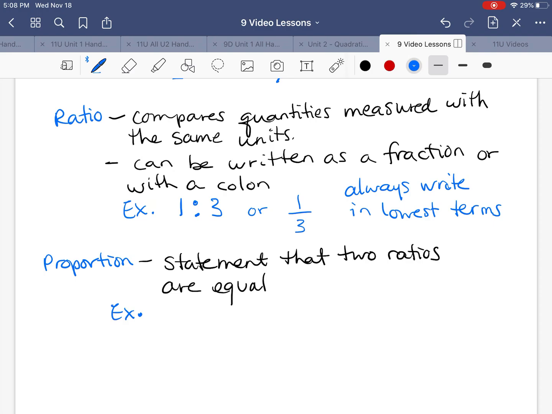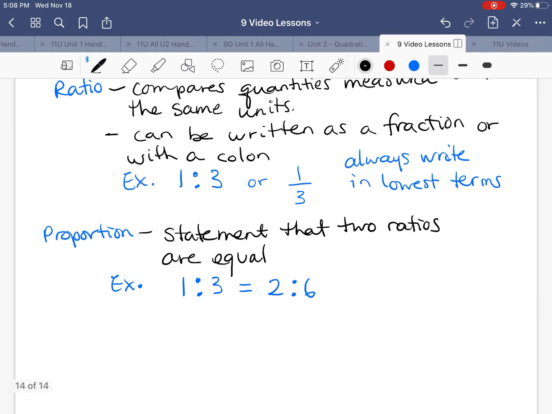For example, we could say that 1 to 3 is equal to 2 to 6. So you can see on the left, the 1 to 3 is a simplified or lowest term version of what is on the right, the 2 to 6.